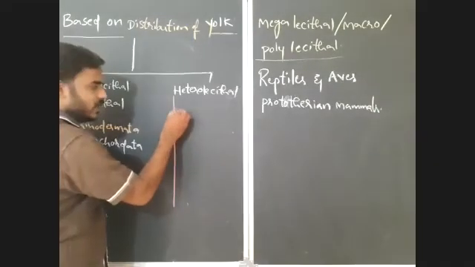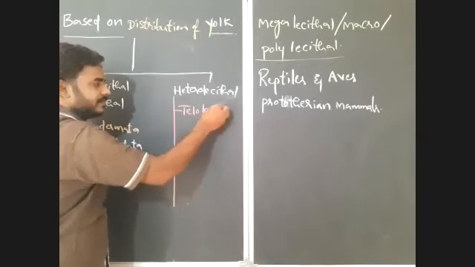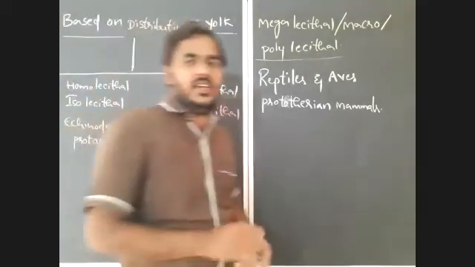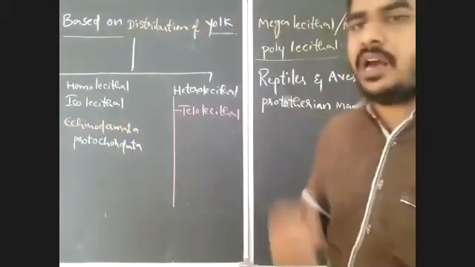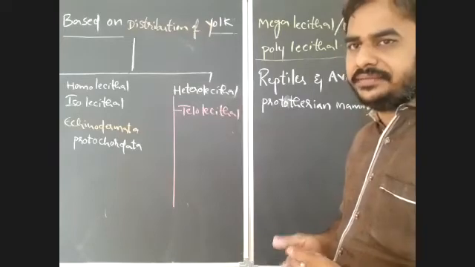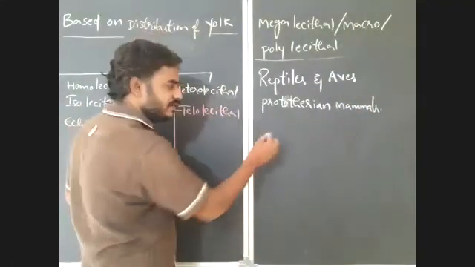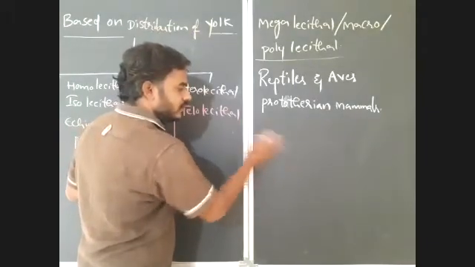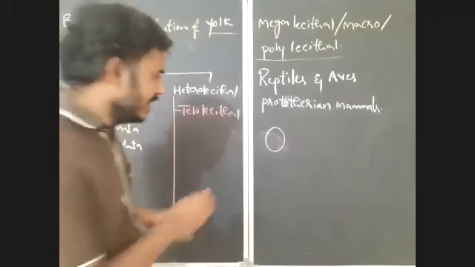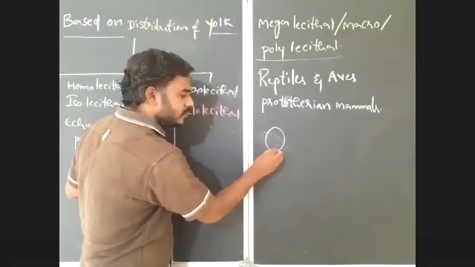In that, the first one is telolethal egg. Telo means tail or one end. So if you observe this type of eggs, telolethal eggs, the yolk is distributed at only one end in the egg.